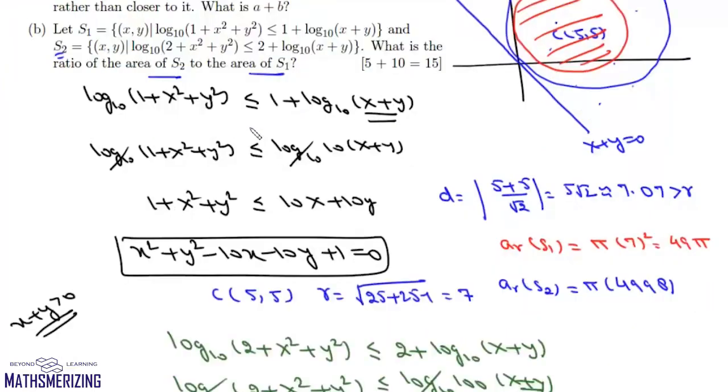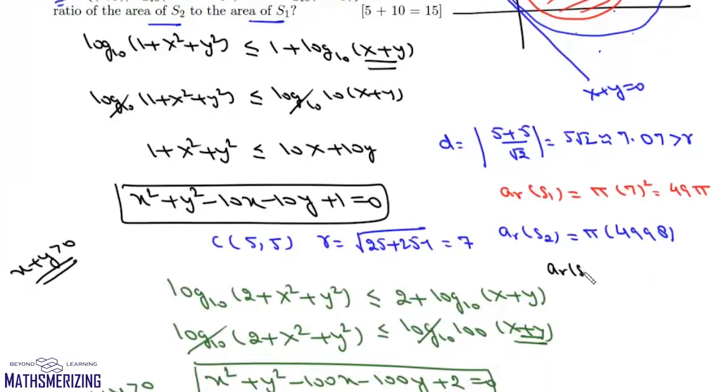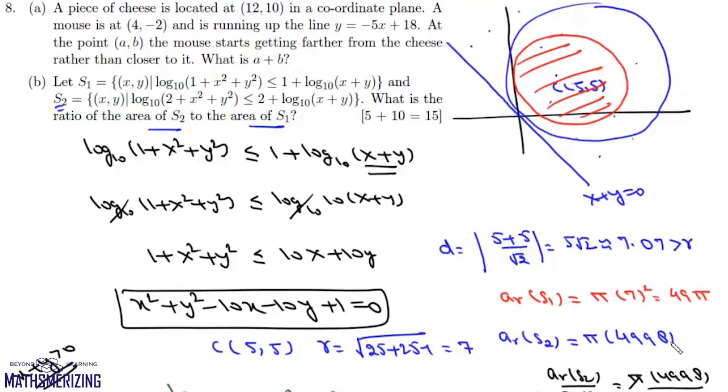So this ratio will be π times 4998 upon π times 49. This π and π will cancel, and it will be simply 102. So the ratio of the area of S2 to the area of S1 is 102 to 1.